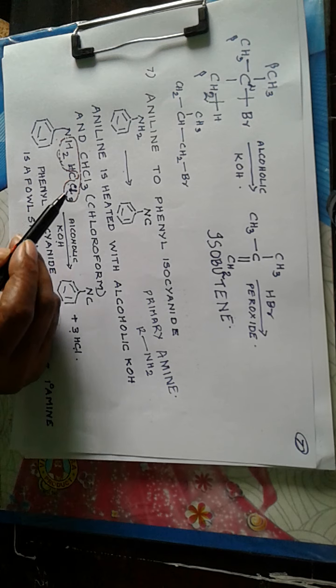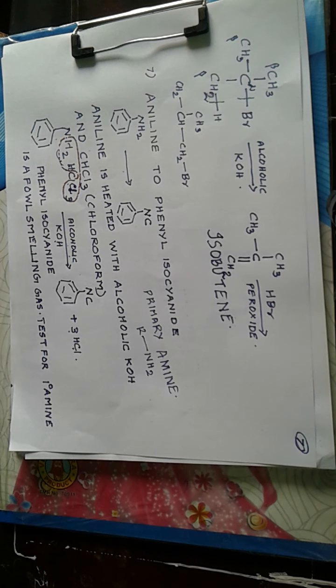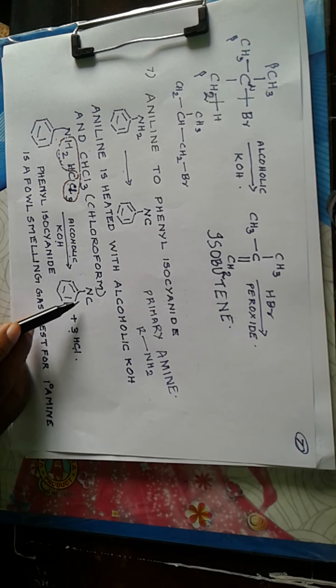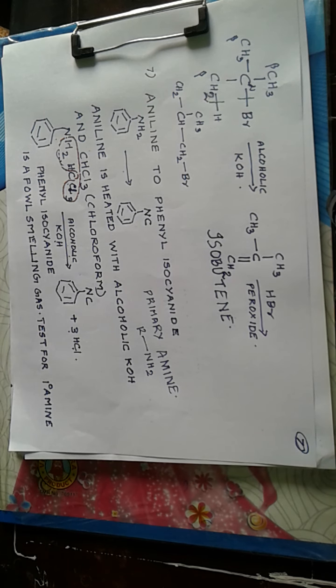So all they combine to form 3 HCl, and the remaining atoms are N and C, so NC. So isocyanide is formed. Any aromatic primary amine can give this reaction. Any aliphatic primary amine can give this reaction, and all isocyanides are foul smelling gases.